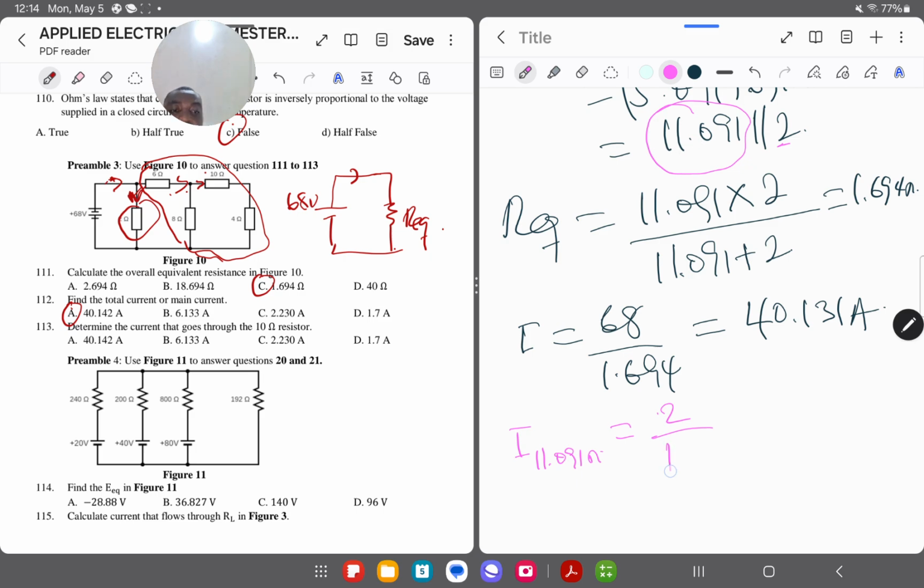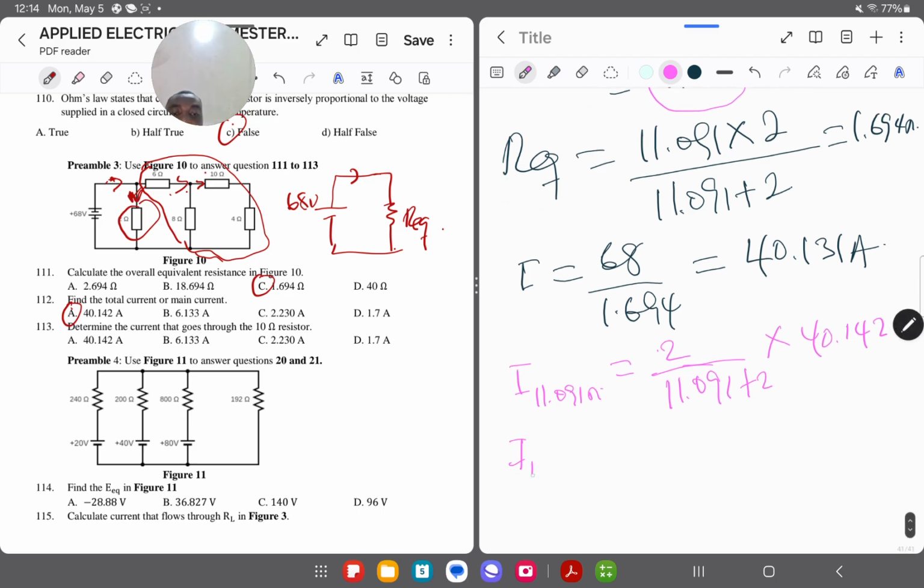So 11.091 plus 2 times the total current, which we calculated to be 40.13. Here we got 40.13, they got 40.12. So let me use 40.142. Okay, so we get this answer.